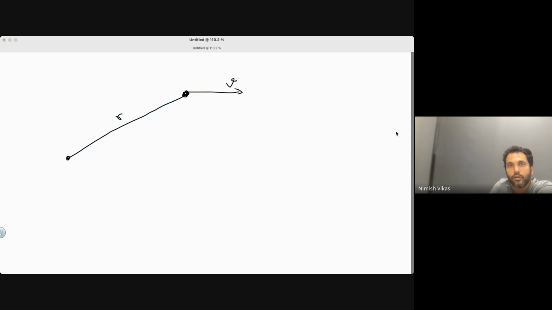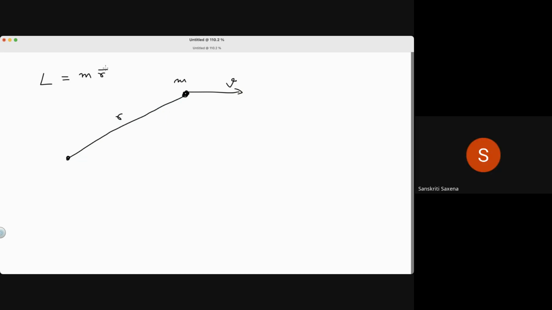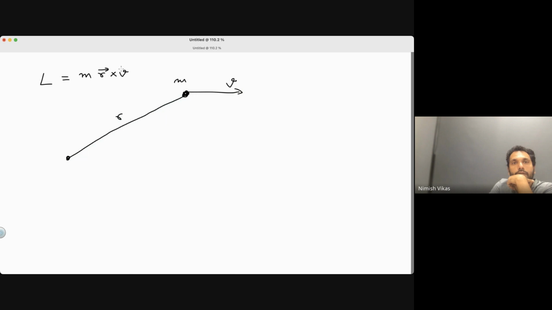If you think of it as a point mass of m, then what is the angular momentum? m, r cross v. Not v cross r. r cross v. v cross r will give you the absolute opposite of that.